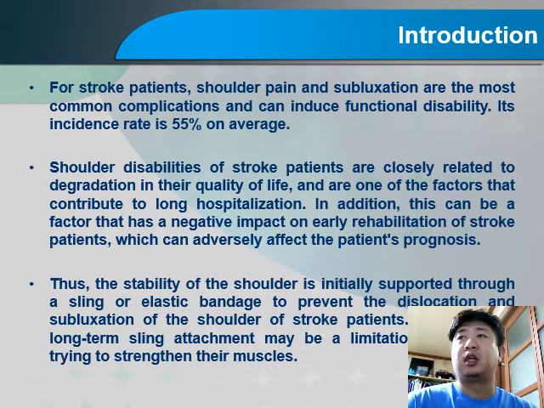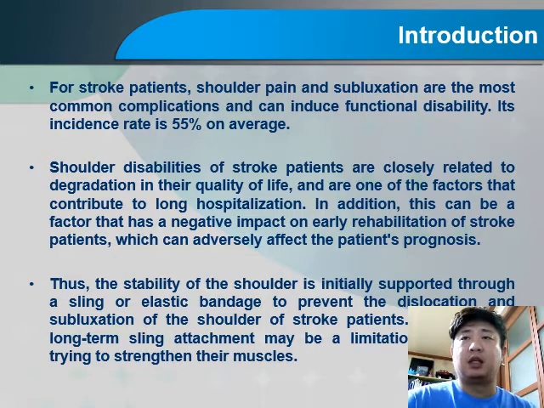Shoulder disabilities of stroke patients are closely related to the degradation in their quality of life and are one of the factors that contribute to long hospitalization. In addition, this can be a factor that has a negative impact on early rehabilitation of stroke patients, which can adversely affect the patient's prognosis.